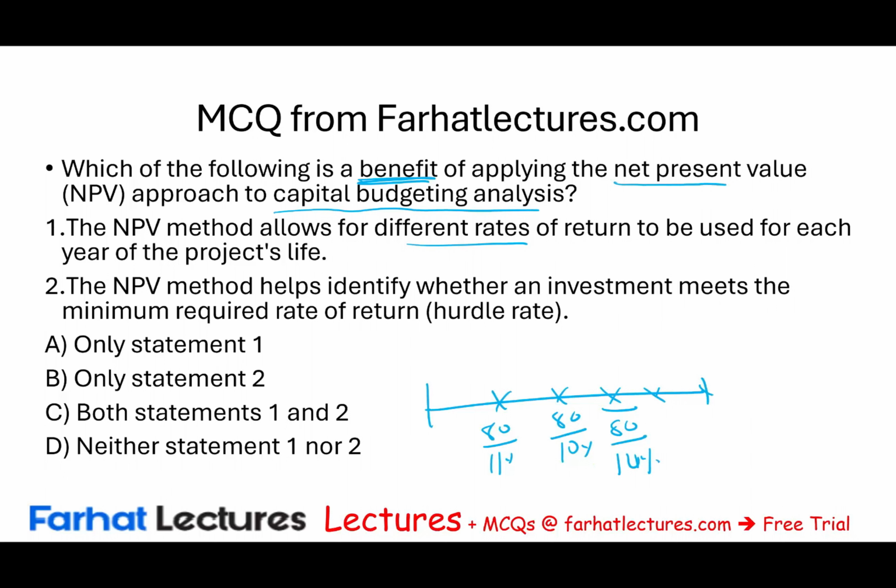So you can have that. So the answer A is correct. So A could be right and C could be right. D and B are out. The NPV method helps identify whether an investment meets the minimum rate of return. Would it help us? Yes, NPV, if it's positive, it means it met the minimum rate of return. Both statements are right. Therefore, the answer is C.